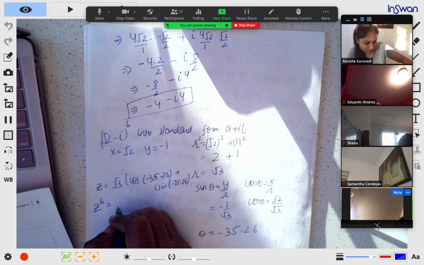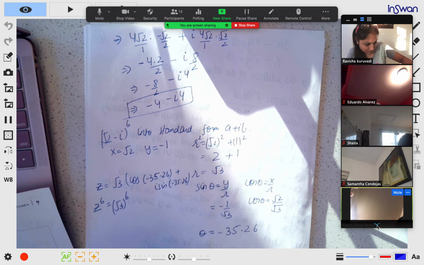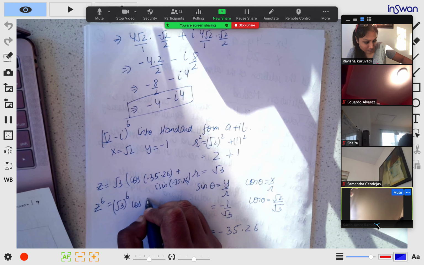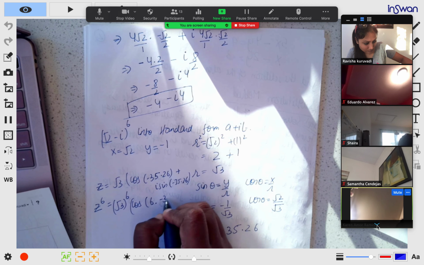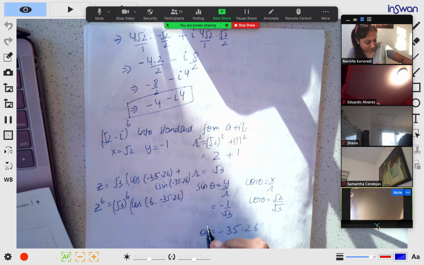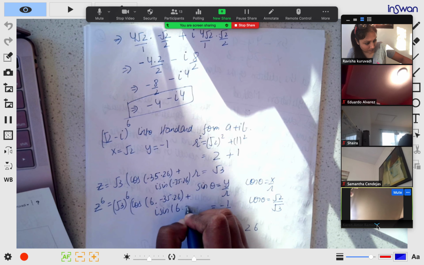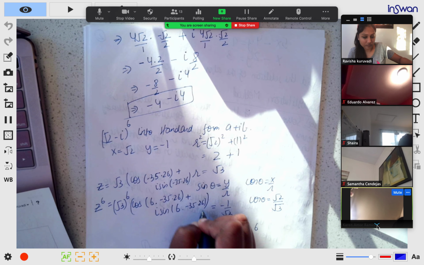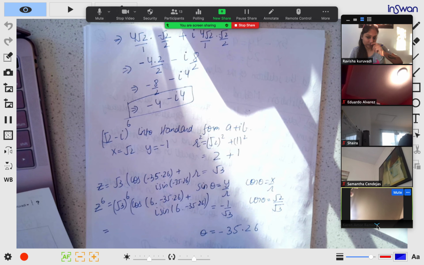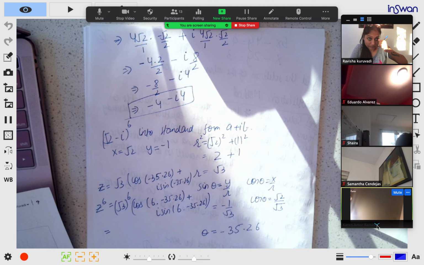Root 3 to the power 6, cosine 6 multiplied by negative 35.26 plus i sine 6 multiplied by negative 35.26.